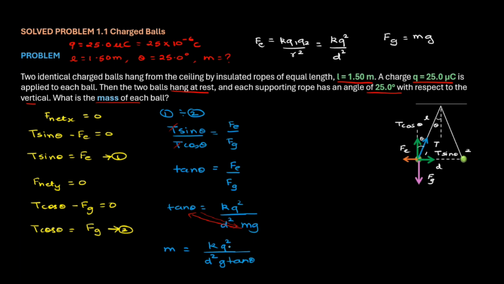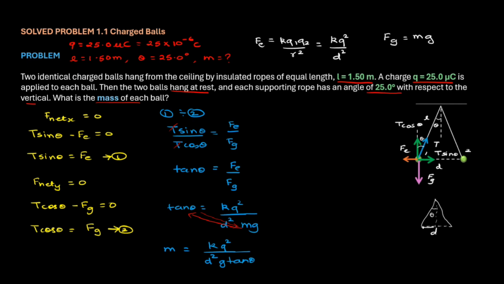I know all the values over here except the value for d, as they have not given that to me in the question. But we can find d by using the figure over here. If I redraw my figure, I get something like this: the two ropes, the distance d between them, and the angle theta.